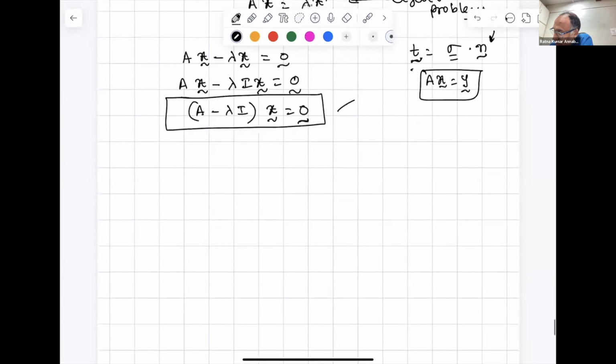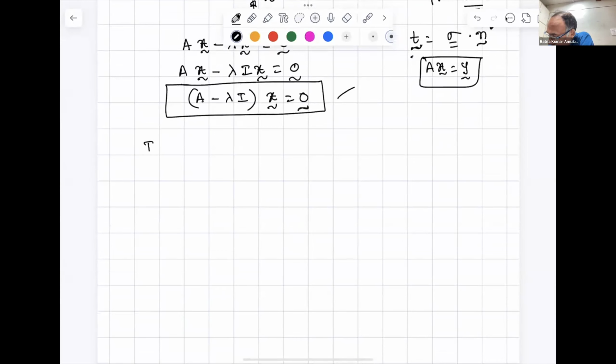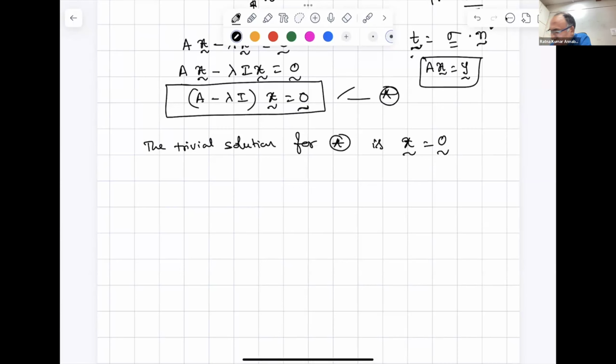Eigenvalue problem. Now, the trivial solution for this equation (star) is x equal to the null vector. If x is equal to 0, then the equation will be satisfied or not.